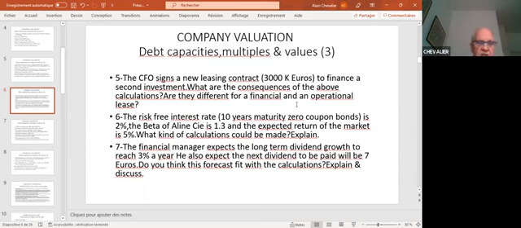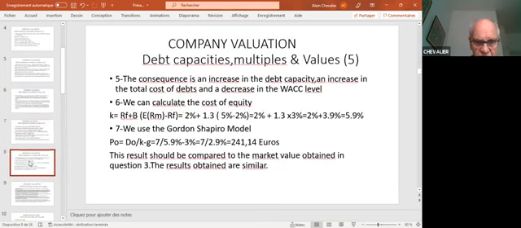Okay, so it's now an application of the Gordon-Shapiro model. And we know in the Gordon-Shapiro model that we need at least 3 data to calculate the last one. What we are expecting, the last one, is here the price of a share. And if you remember the calculation, yes, it is here.